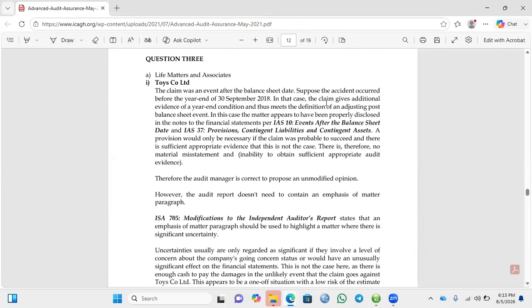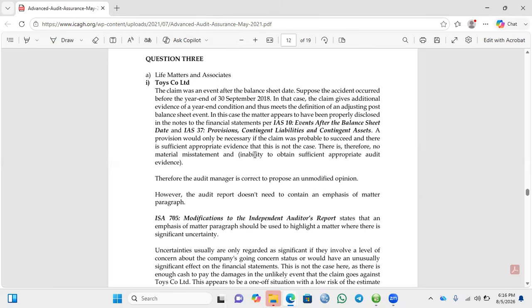In that case, the claim gives additional evidence of a year-end condition and thus meets the definition of an adjusting post-balance sheet event. In this case, the matter appears to have been properly disclosed in the notes to the financial statement. A provision would only be necessary if the claim was probable to succeed, and there is sufficient appropriate evidence that this is not the case.